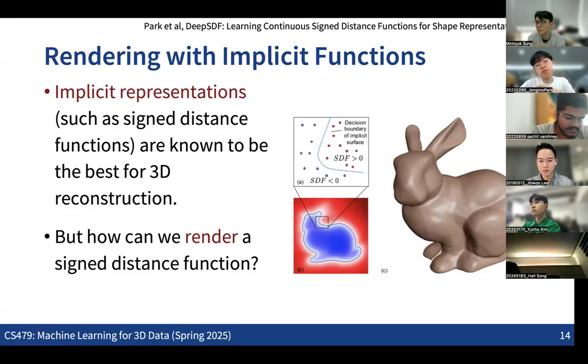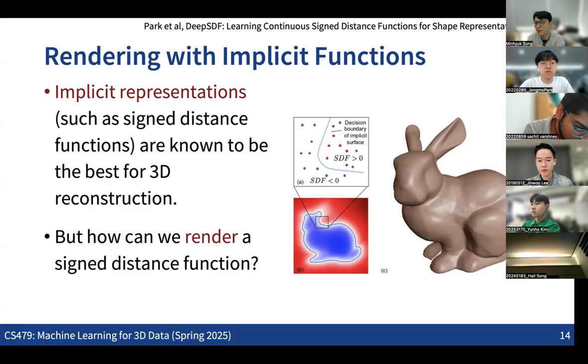In the case of the mesh, it was more straightforward. We just need to project everything and see which one is the closest, right? So when the 3D thing is represented as a function, how can we render it into a 2D image? That involves lots of issues, right? We don't know how to do that.